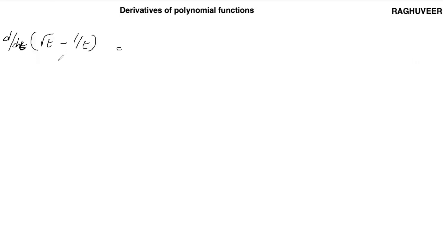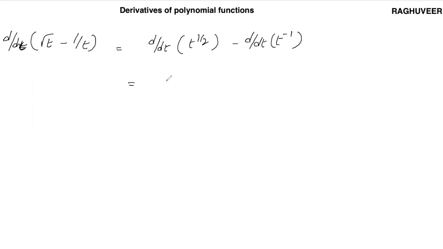And let us differentiate with respect to t. So d by dt of root t minus 1 by t. This can be written as d by dt of t to the power of half minus d by dt of t to the power of minus 1.